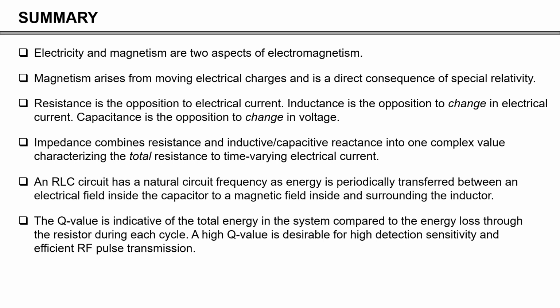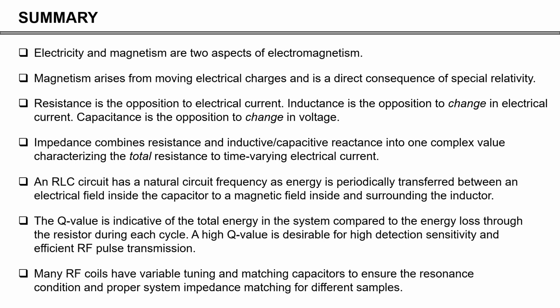That will translate into efficient RF pulse transmission and high detection sensitivity. And then many research RF coils have variable tuning and matching capacitors to make sure that the circuit has the proper resonance condition, and that the resistance or impedance is properly matched for a given sample.